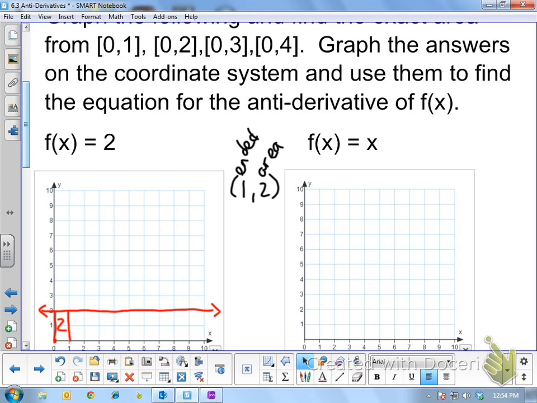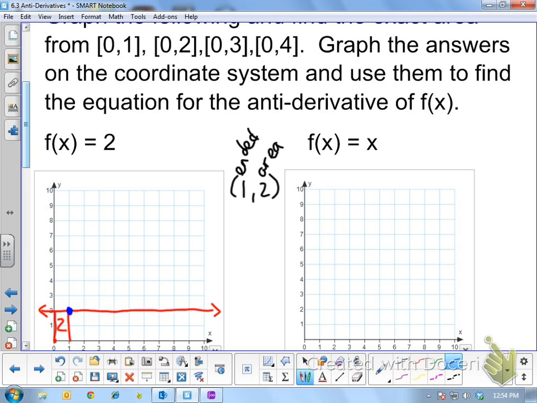So we have a coordinate, and to make a function, we start by plotting some coordinates. So our first coordinate we would plot is (1, 2). That's why I did a different color, so that I could see, or you could draw 2 separate coordinate systems, whatever way you want.